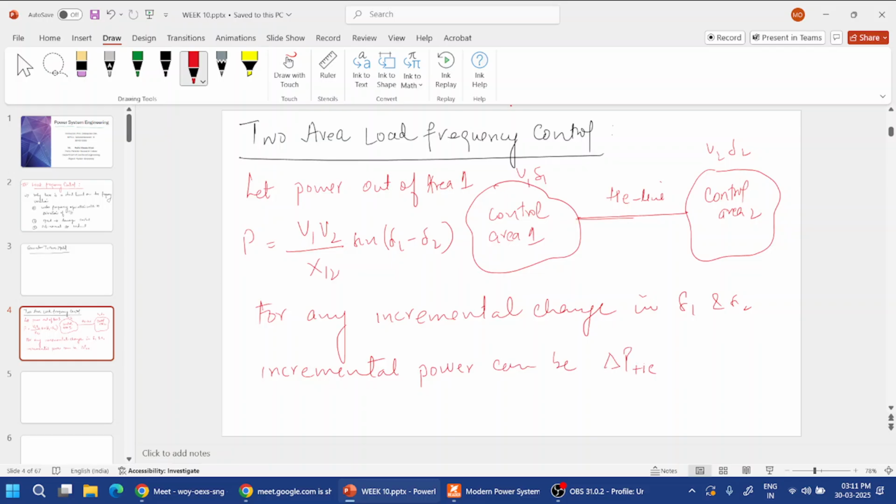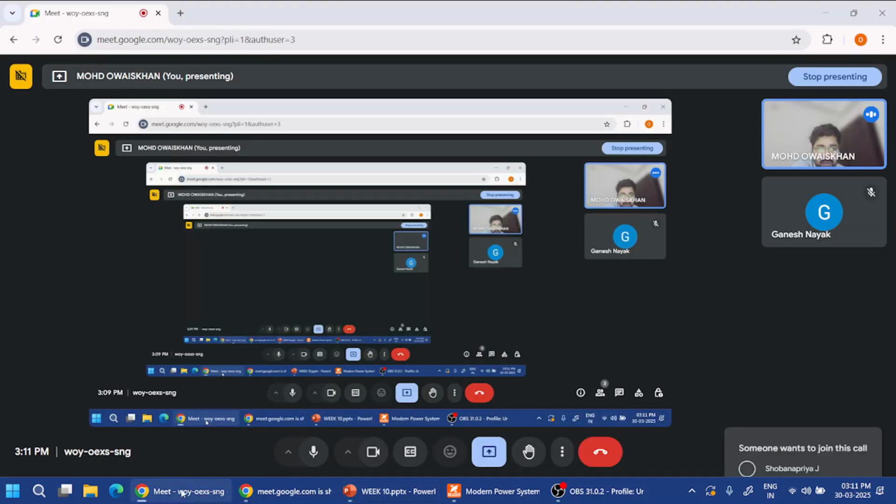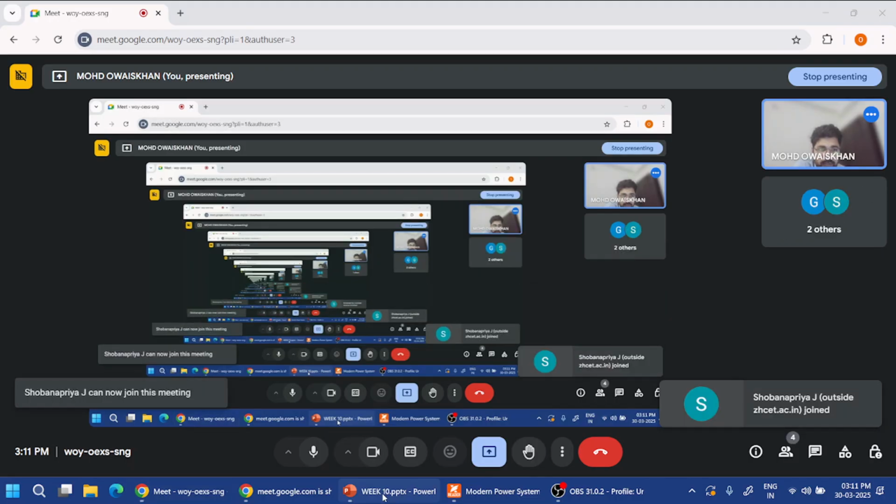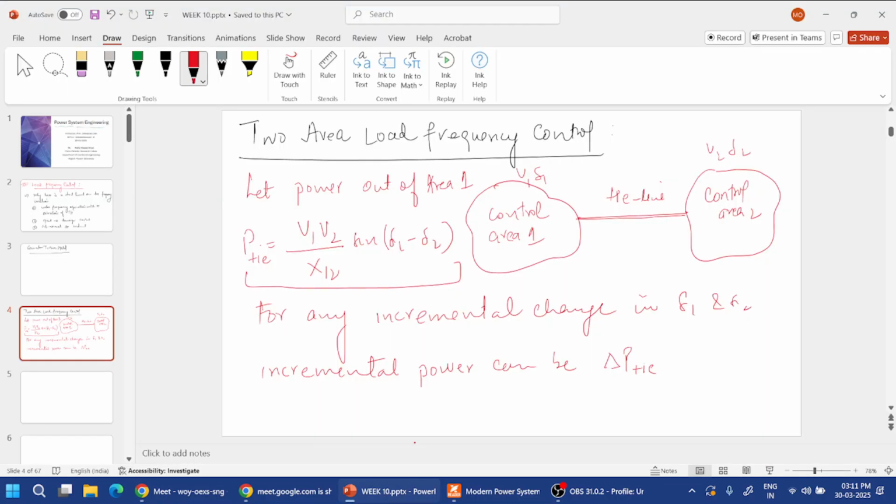This equation is also known as the tie line power. It is equal to the change in del 1 minus del 2 multiplied by a constant T12.